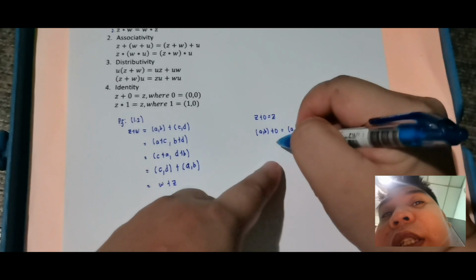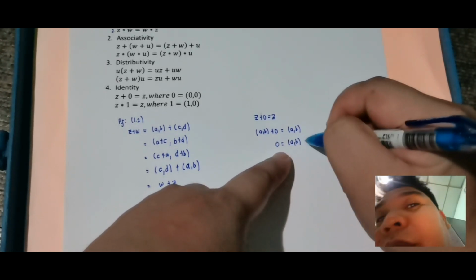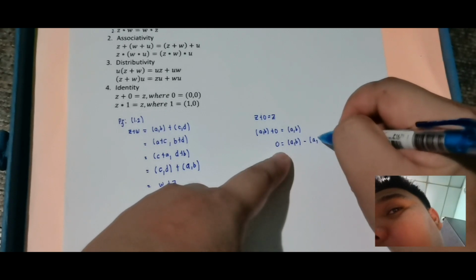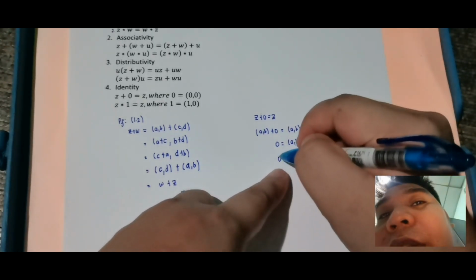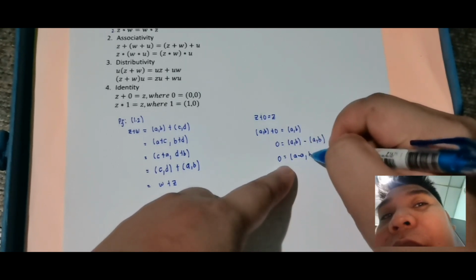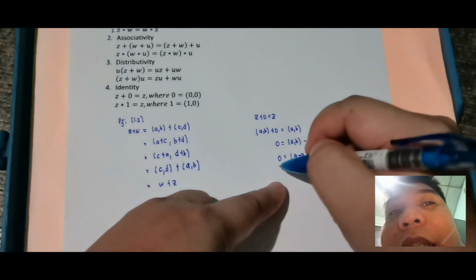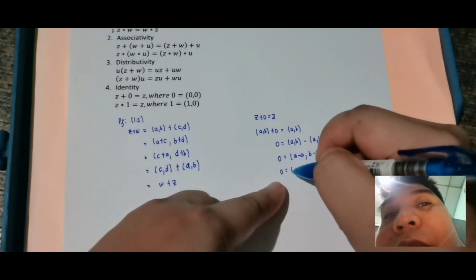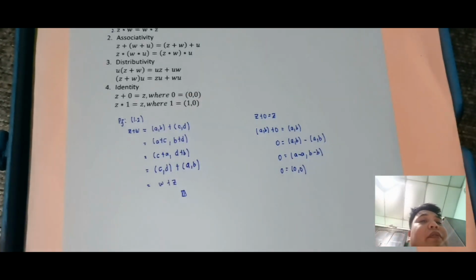Okay, next, that is 0 is equal to (A, B) minus (A, B). Okay, then that is 0 is equal to (A minus A, B minus B), since subtraction tayo. Then lastly, that is 0 is equal to (0, 0). So therefore, tama yung nakalagay doon.